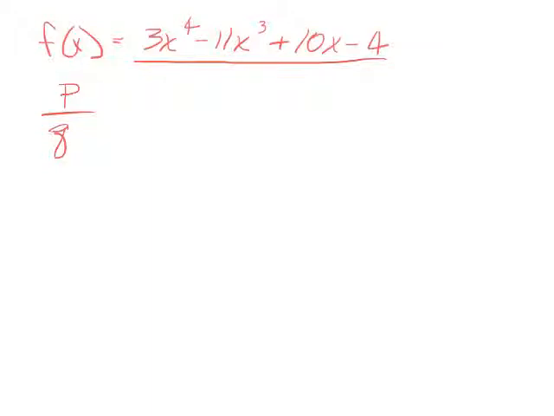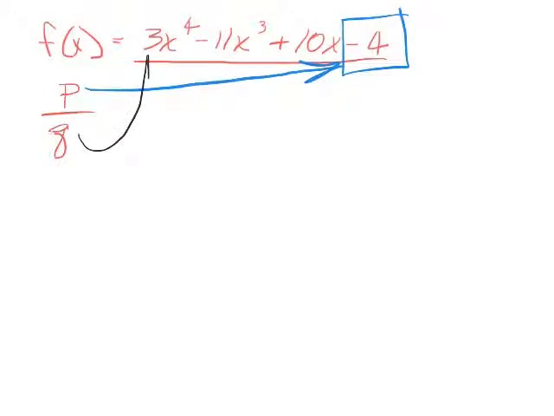So that sounds kind of duh, but let's look at this. I guess I should say if P is a factor of this and Q is a factor of that, then we write it as P over Q.